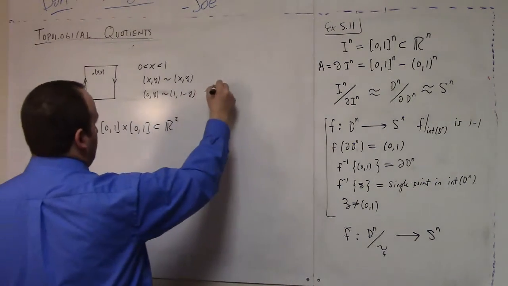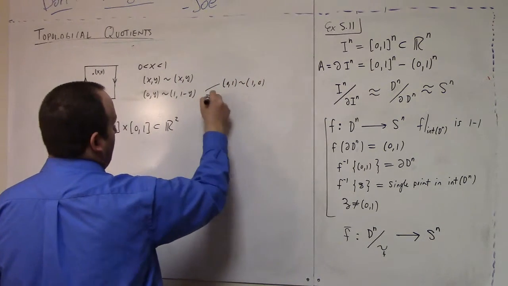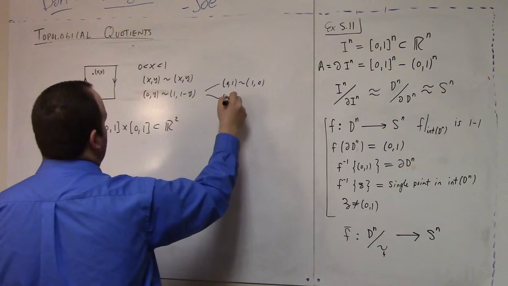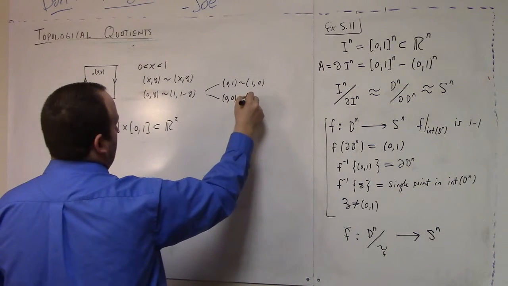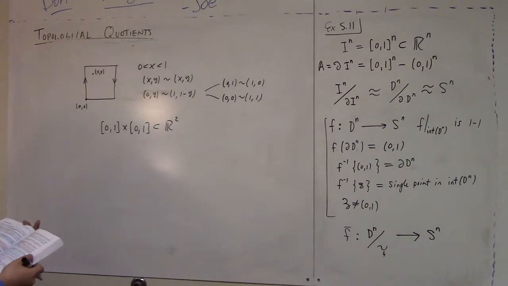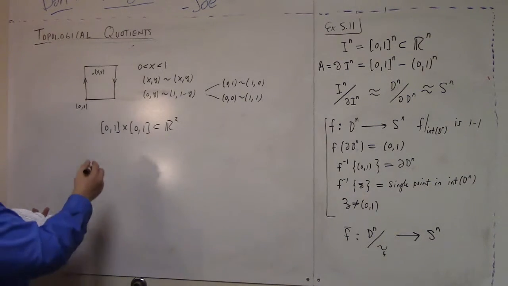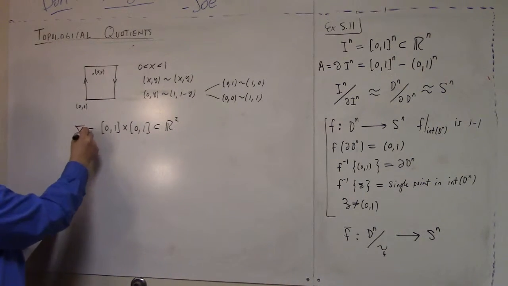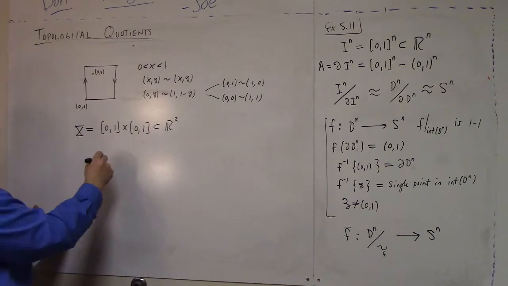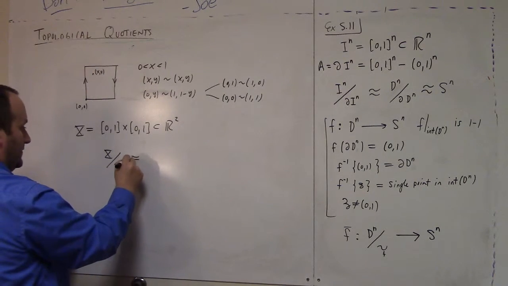So for example, (0, 1) is equivalent to (1, 0), and (0, 0) is equivalent to (1, 1). That defines an equivalence relation. And then X mod this equivalence is essentially the Mobius strip.